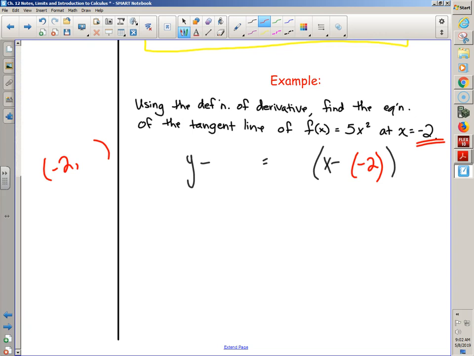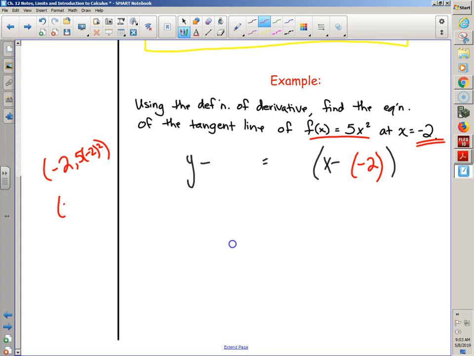Well then, don't plug in 5x squared. It doesn't belong anywhere. But I'm going to plug in negative 2 into the 5x squared, because the y is going to be 5 times negative 2 squared, as shown by my y equals f of x equation.